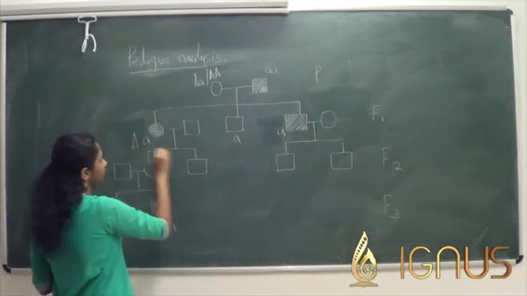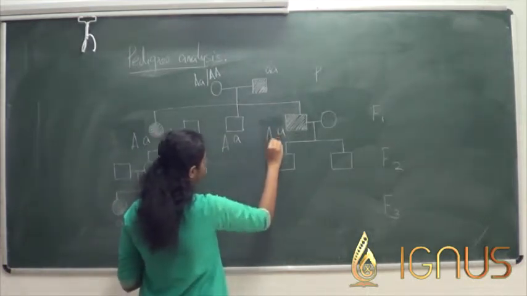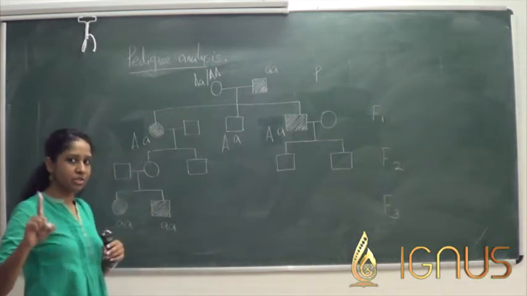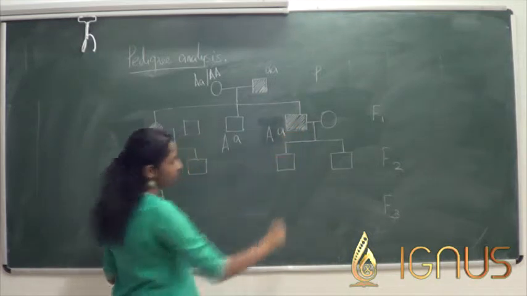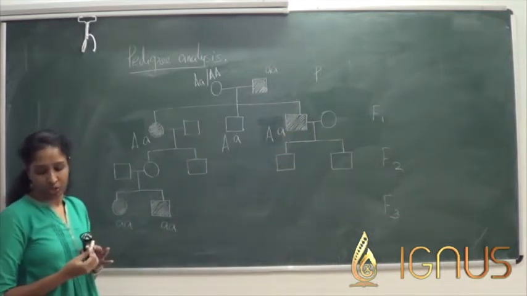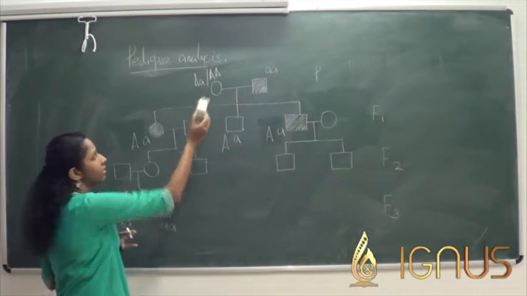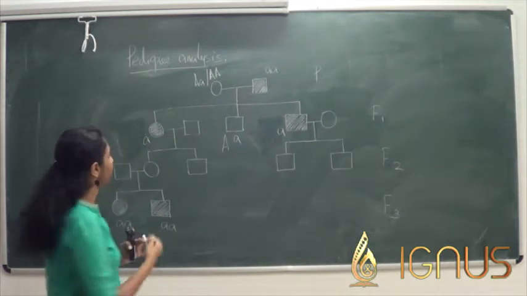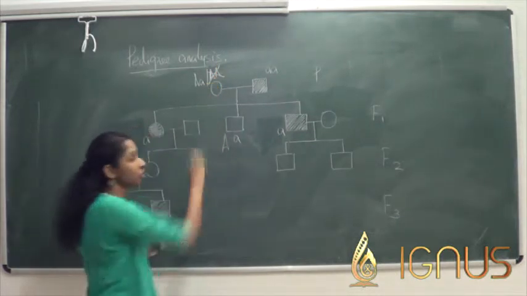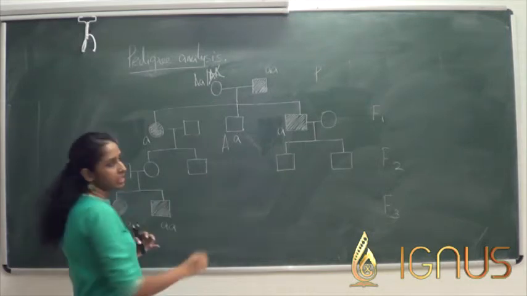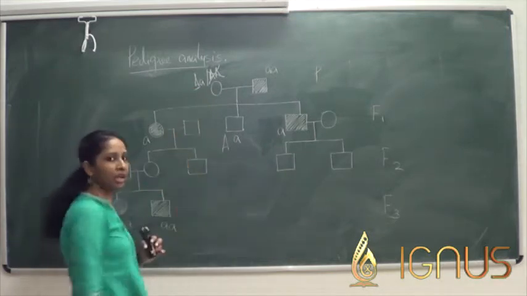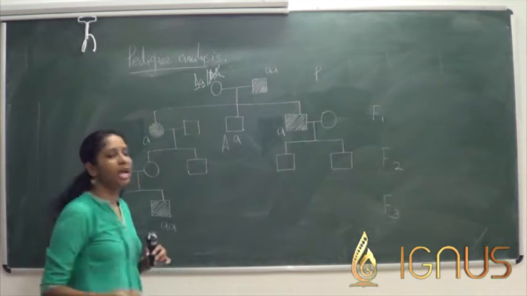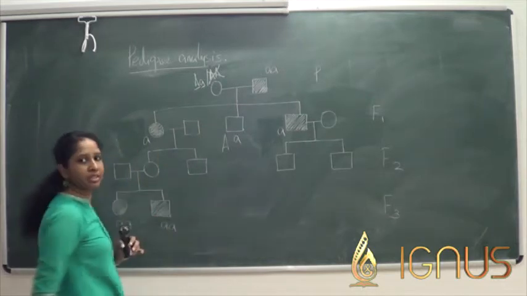That explains why this person is not affected, but it does not explain why these two offspring are affected. So this mother needs to have a heterozygous genotype and not a homozygous one, because for one son she can give the dominant A allele, and for the other two children she is giving the recessive allele, and because of that they are getting affected.